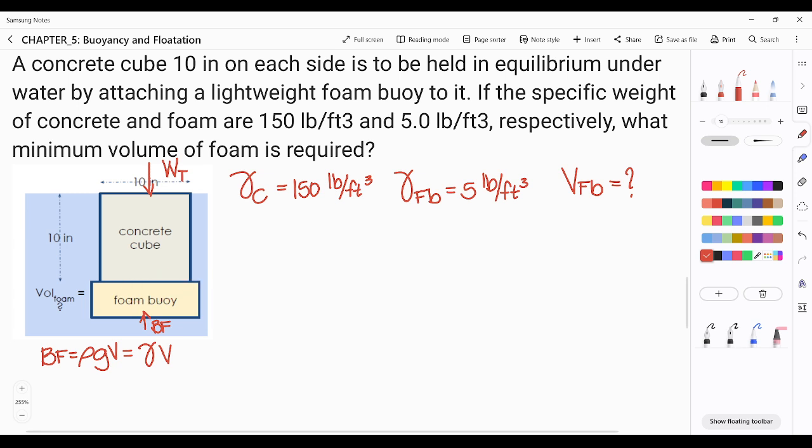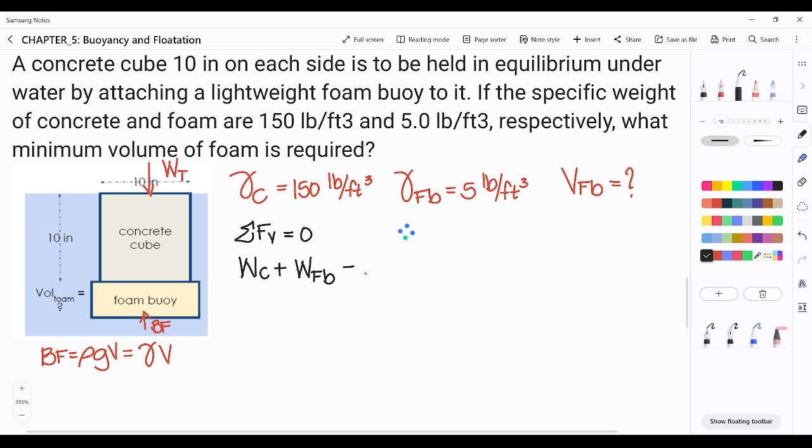buoy nating ilalagay. So, by simply taking the summation of the vertical forces or the forces in the y direction, we will end up with, we need the total weight. So we need the weight ng concrete plus weight of our foam buoy, and the buoyant force will kokontra siya sa weight natin para nga lumutang at hindi siya lumubog.